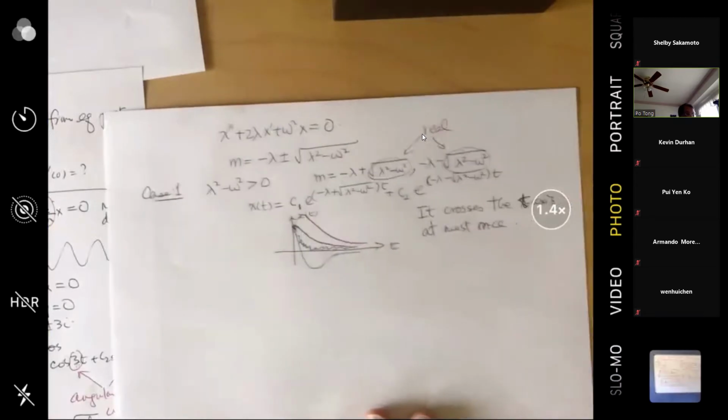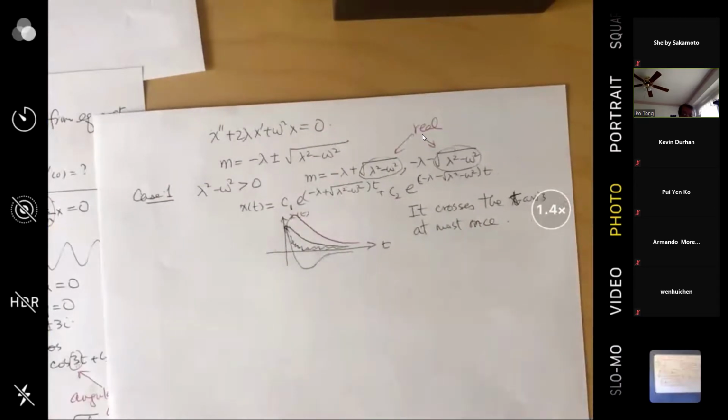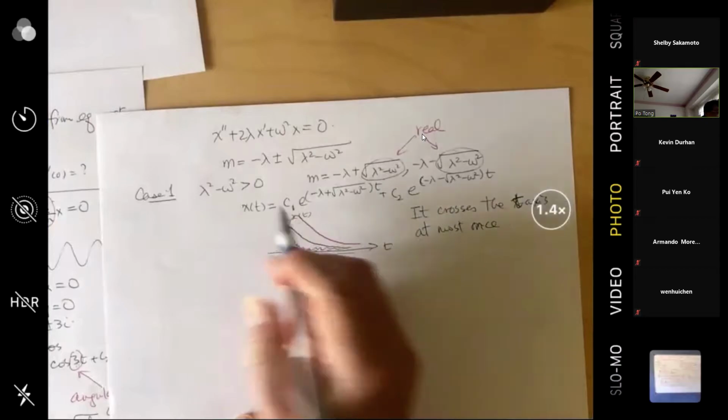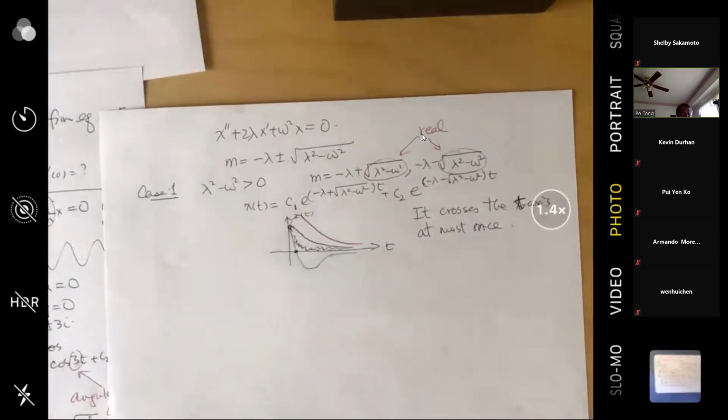The t-axis. That means you can only cross the equilibrium position once. How do I find the time when it does? How do I find this time here? Based on this equation, setting something equal to 0 and solving for t.